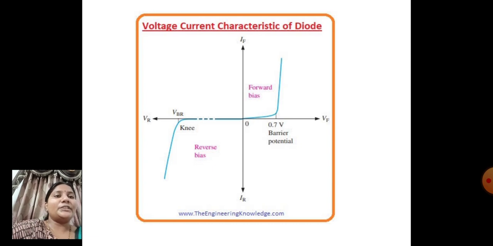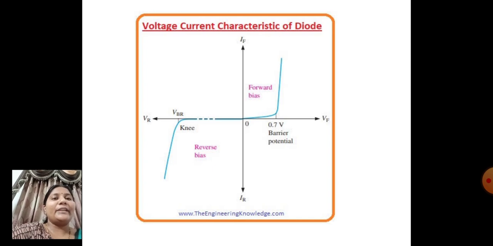In the top section we can see VF and IF. When a PN junction diode is connected in forward bias condition, we can increase the input external voltage, known as VF, forward voltage, and the output current is known as IF, forward current.